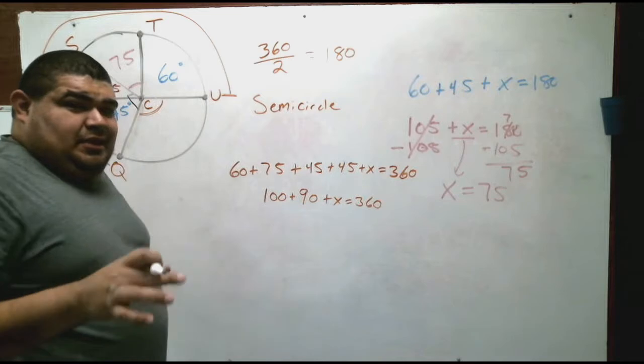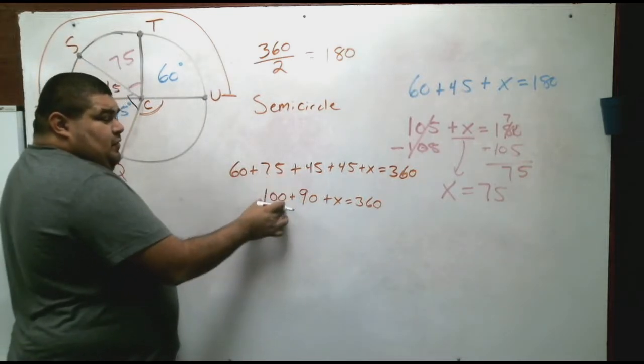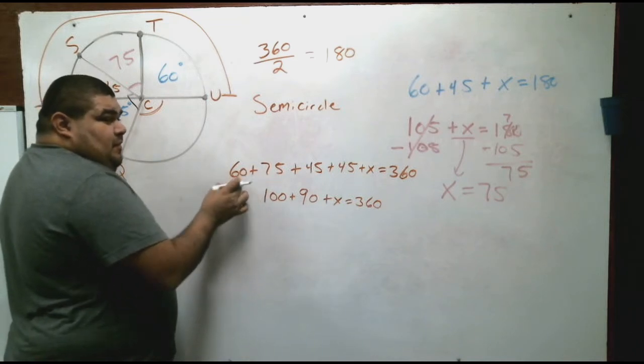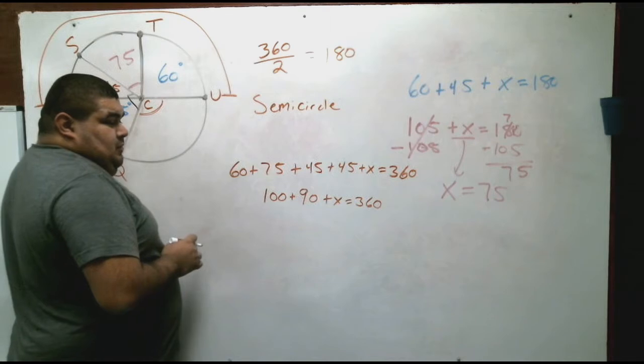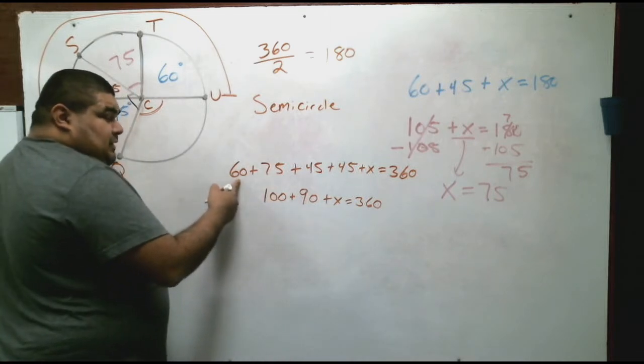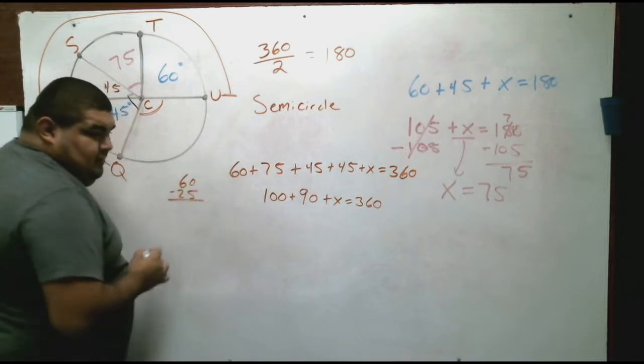I always like to make it easy. So if we made this 75 into 100, we're going to take off those 25 from somewhere, right? In this case, we're going to take them off of 60 to make it a lot easier. So we have 60 minus 25.